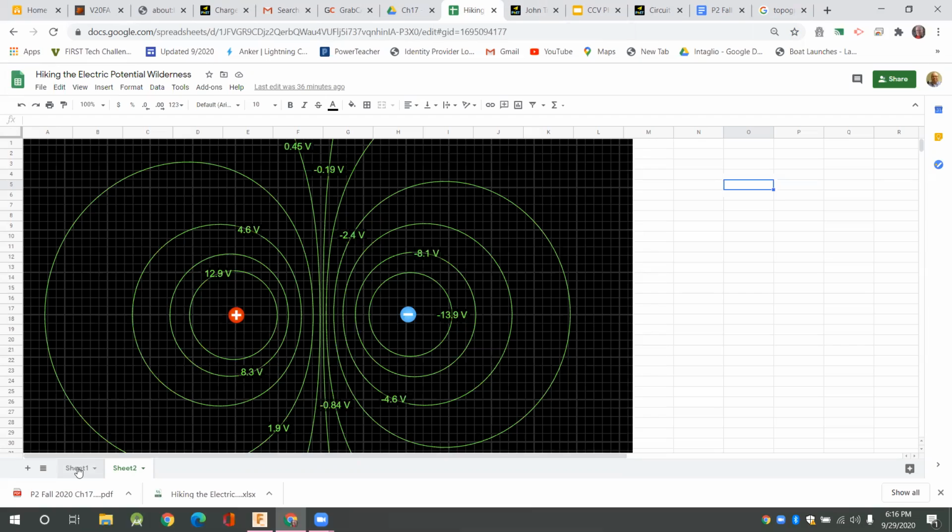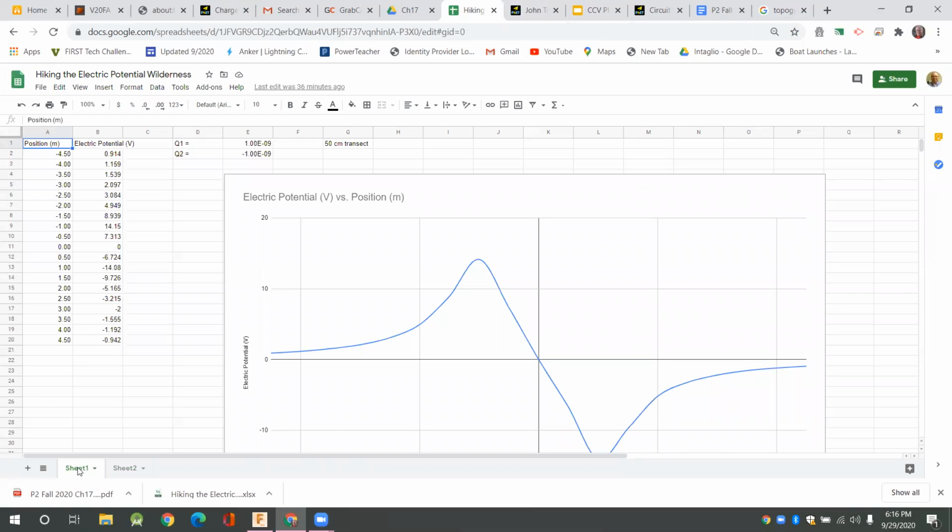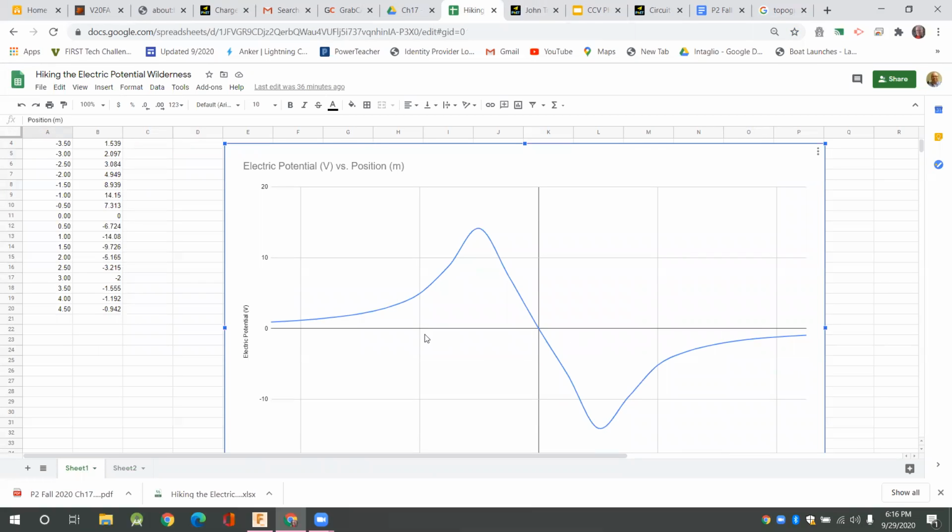So I've actually done this, and I went through and I plotted the values, and I got a graph that looks like this. If you were to start walking along this transect, it would get steeper and steeper. And the steepness corresponds to the electric field. This would be hard for me to walk uphill.